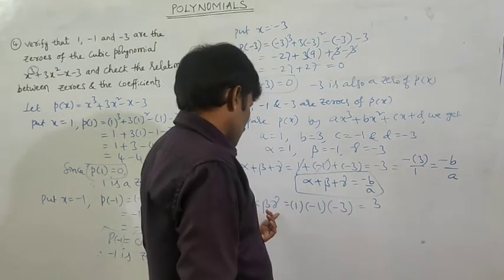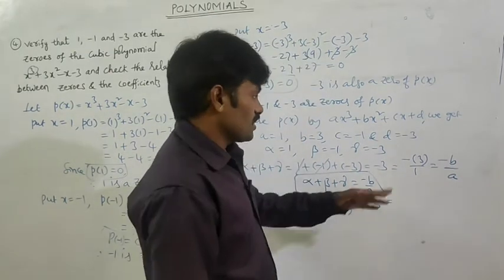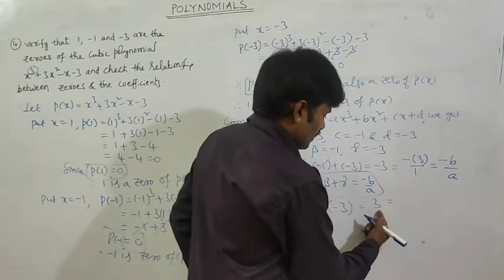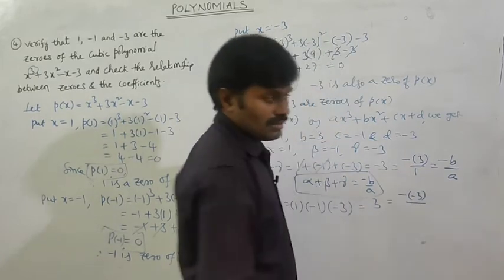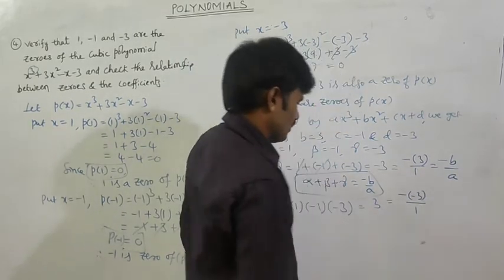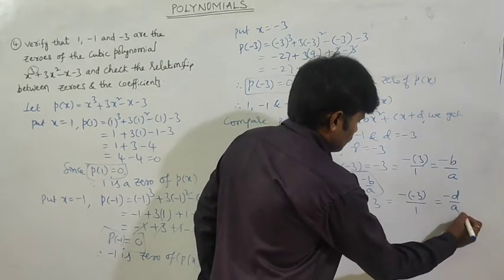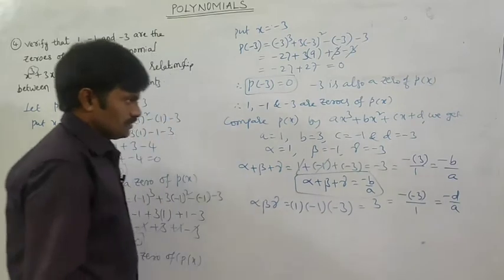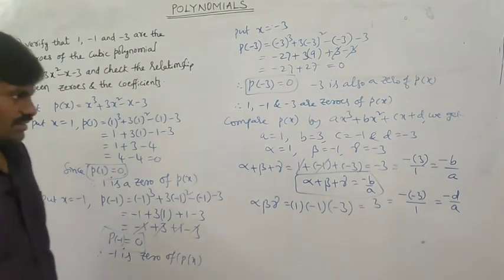So take alpha, beta, gamma in terms of d and a. So this can be written as minus of minus 3 by a. That means 1. So that is equal to minus d by a.